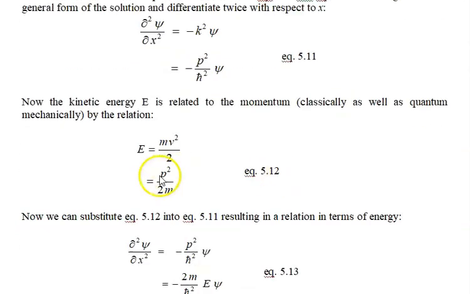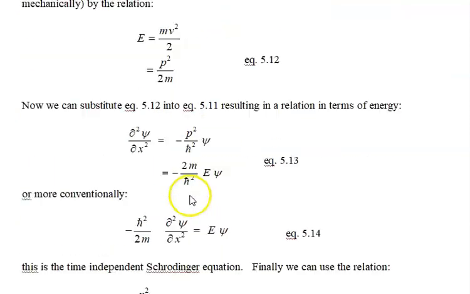Now the kinetic energy is equal to 1/2 mv squared, but we have an expression now for momentum, which is just p. So we substitute p for mv, and we get p squared over 2m immediately.